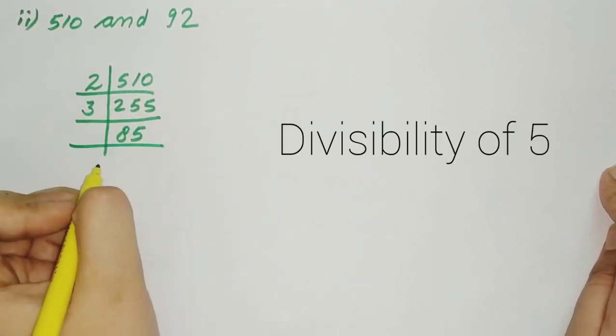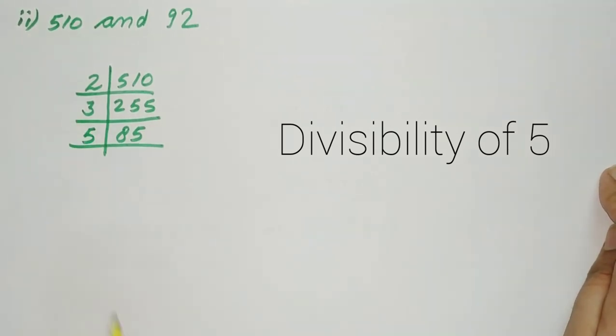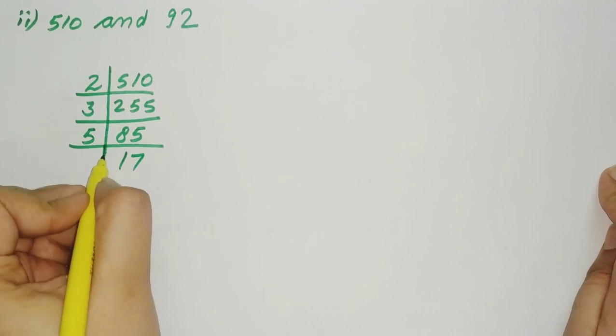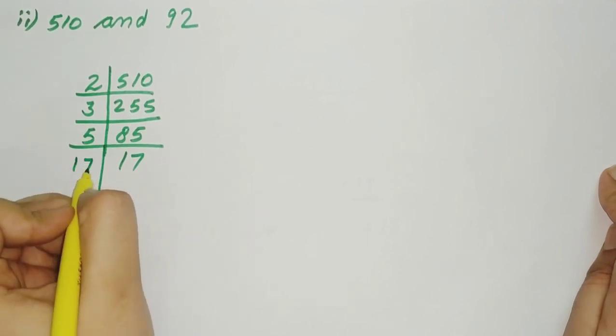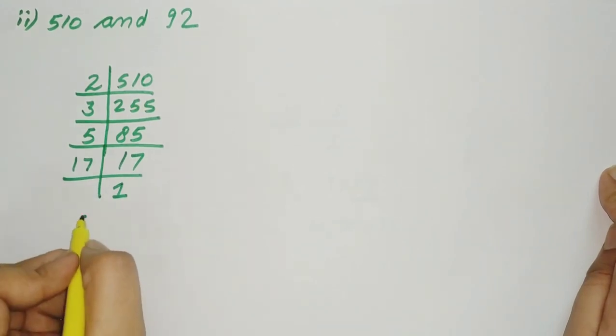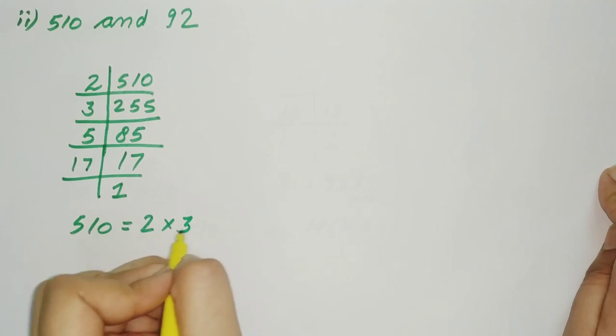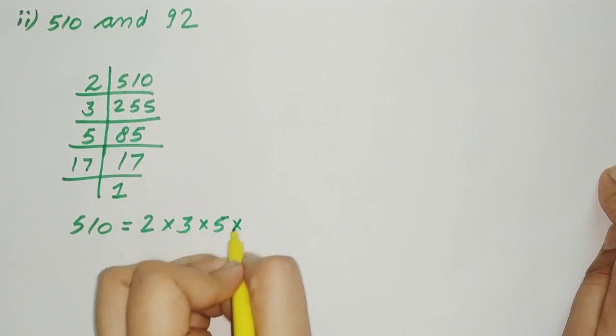Now 85 is neither divisible by 2 nor 3, it's divisible by 5. So 17 5s are 85, 17 is a prime number, so 17 ones are 17. So 510 can be written as 2 multiply 3 multiply 5 multiply 17.